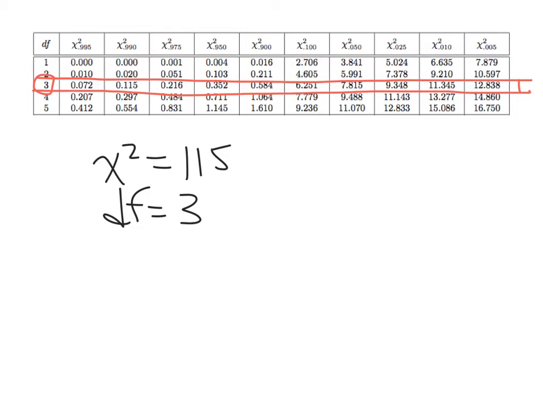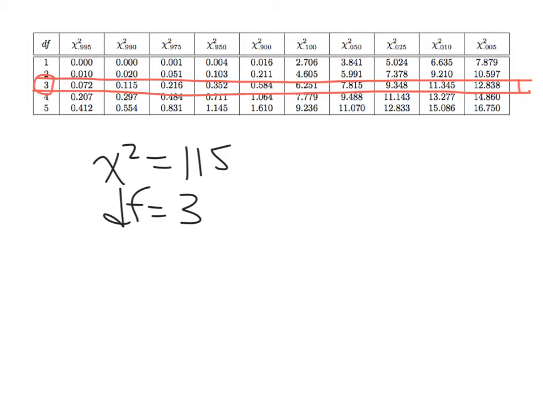So where does 115 land in this range of chi-square values? Everybody point to which end of the table 115 is for that row. Everybody should have their hands up and pointing over to that side. It's way, way, way off the table, right? We've only gotten to a chi-square value of 12 here, and we're looking for 115, way over there.